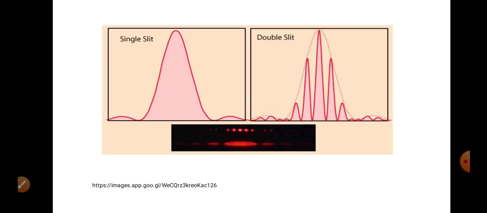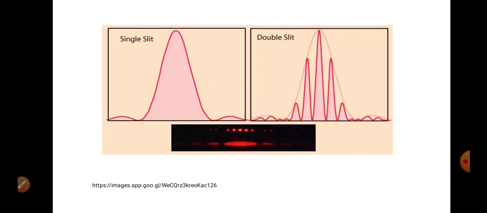Below is the actual picture we can observe on the screen. So it is a graphical representation. Along the y axis intensity is there, along the x axis position is there.